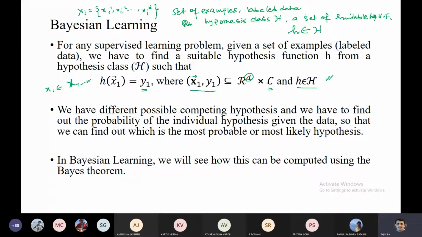Then we can understand that there are possible competing hypotheses. There may be different kinds of hypotheses like this, and we have to choose according to our loss function. So we have to find the probability of the individual hypothesis given the data, so that we can find which is the most probable or most likely.